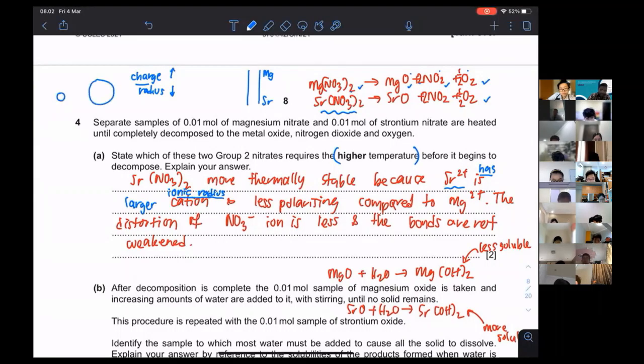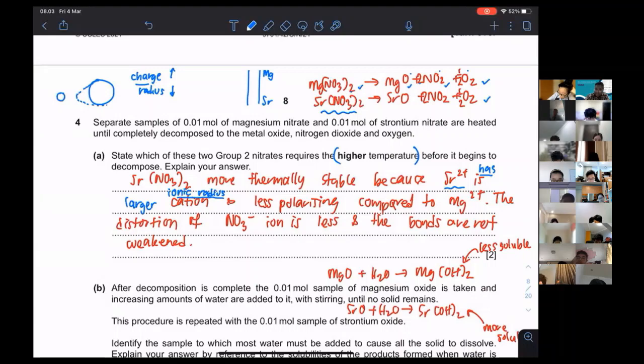Polarizing means they have the ability to distort the anionic electron cloud. The cation will pull the electron cloud over to itself, and this happens in ionic compounds.